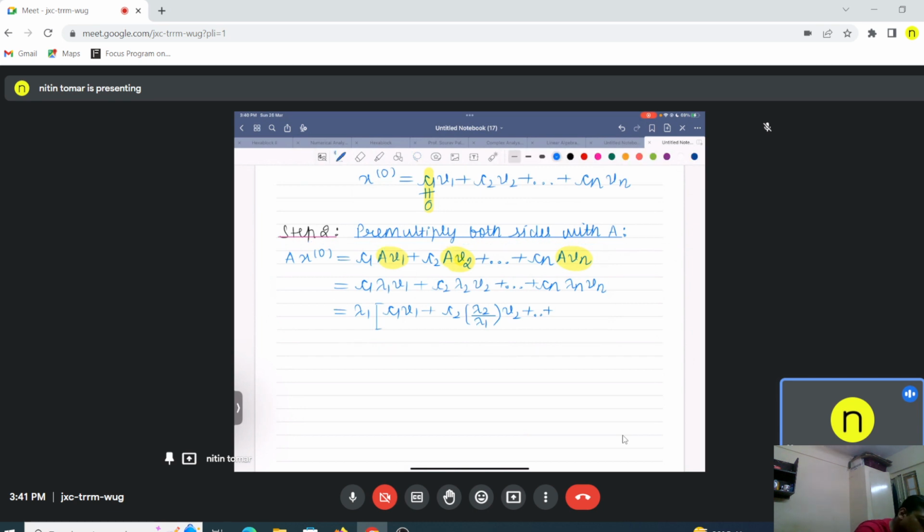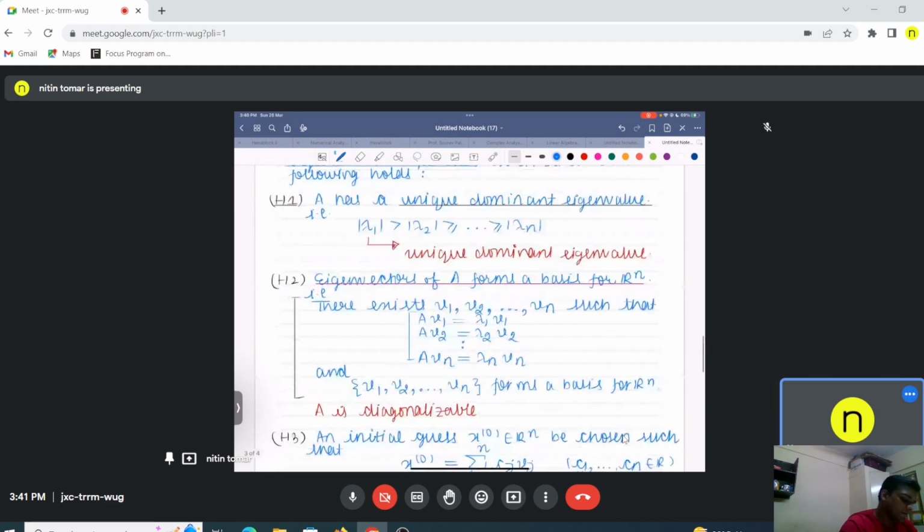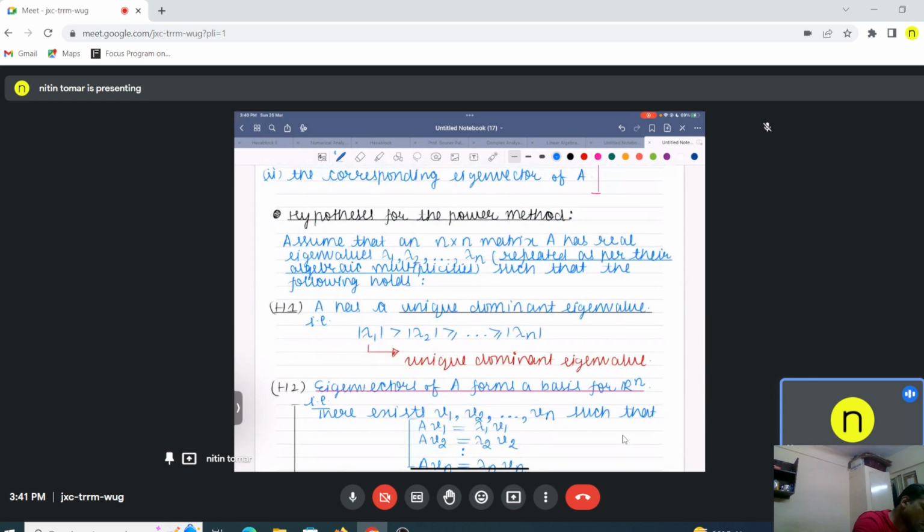and so on. So what we are trying to do here is divide and multiply by lambda 1, or in other words, take lambda 1 common. Now in one of the assumptions you had this strict inequality, so it automatically implies mod lambda 1 is strictly greater than 0.